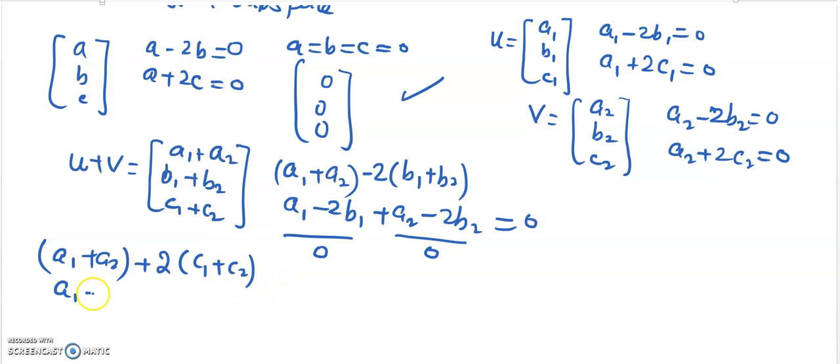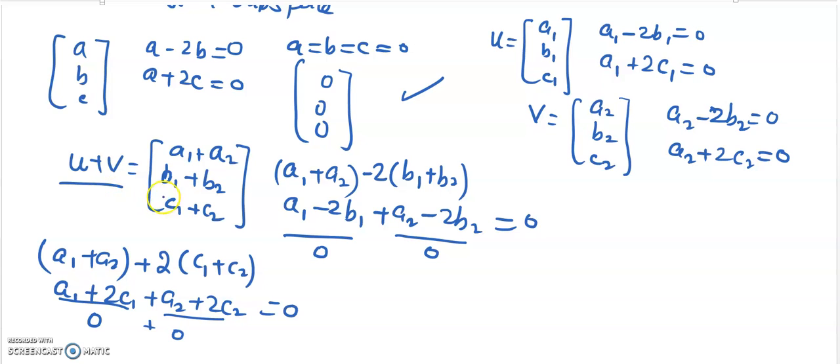Likewise, A1 plus 2C1 plus A2 plus 2C2. A1 plus 2C1 is equal to 0, A2 plus 2C2 is equal to 0, so 0 plus 0 is also equal to 0. So the second condition for the addition rule is satisfied.